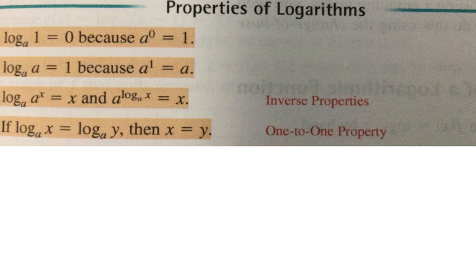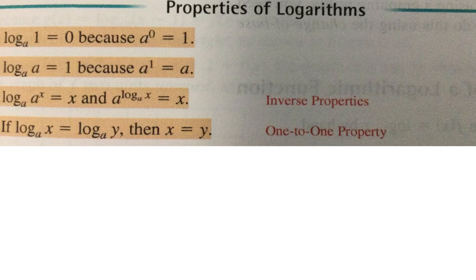Okay, and then let's look at the fourth one. It says if log base A of x is equal to log base A of y, well that means what? X has to be equal to y. Because you have log base A's on both sides, you can just drop them, and you can set the arguments equal to each other.